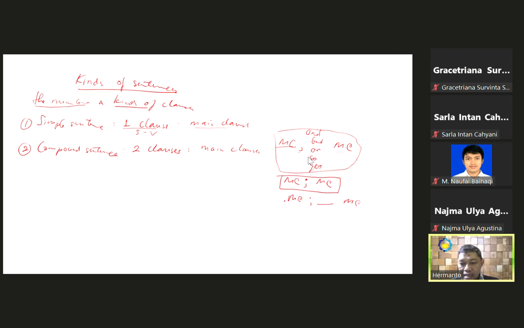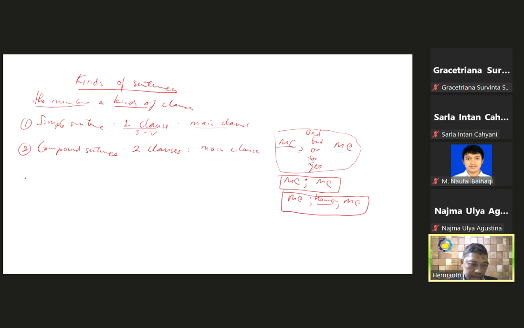For example, however, comma, main clause. This is also a compound sentence. So there are some ways to make a compound sentence.